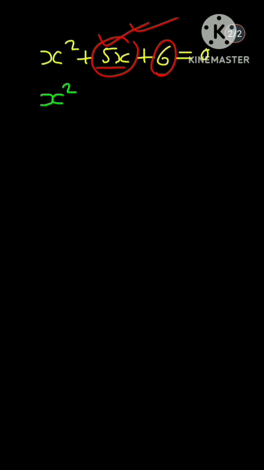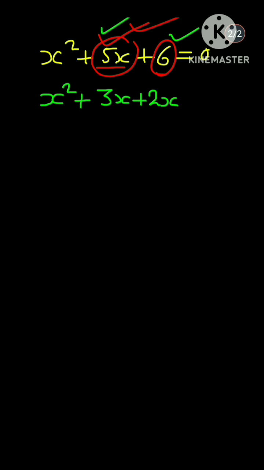x square plus, and this 5x can be split into 3x plus 2x, because when we multiply 3 and 2 then we get 6, and when we add 3 and 2 then we obtain 5, right?